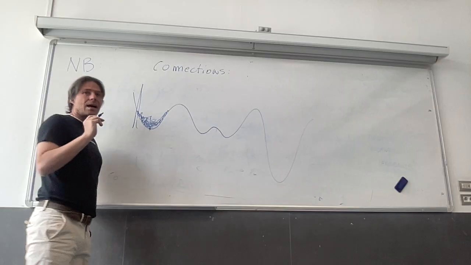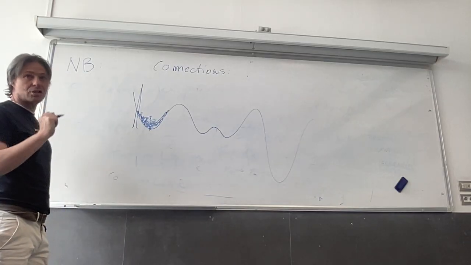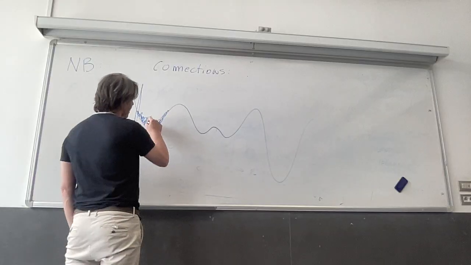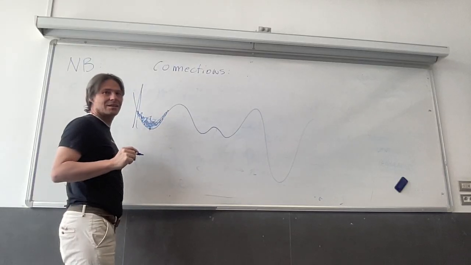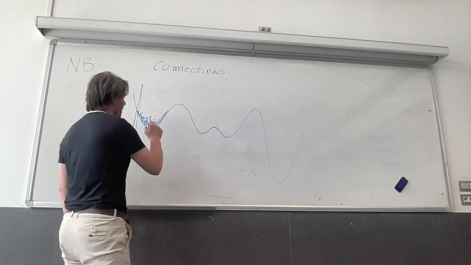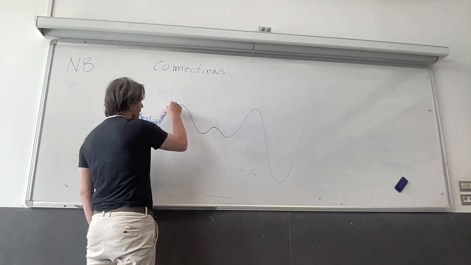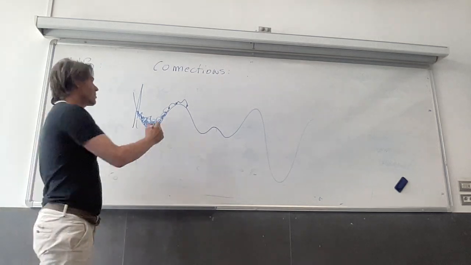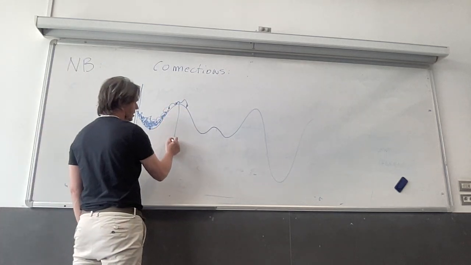But quite rarely, in fact exponentially rarely, as I will argue in a minute, you will get a series of kicks that will drive you in the right direction. Maybe here, here, here, here, here. And this is called the transition state, TS.